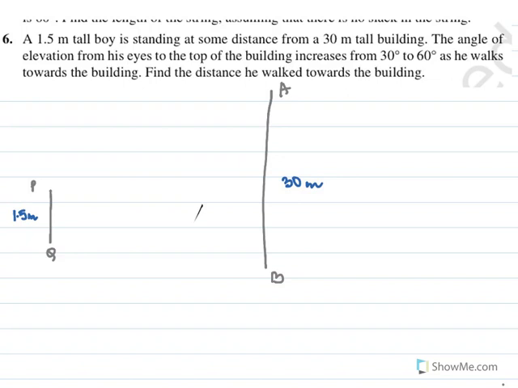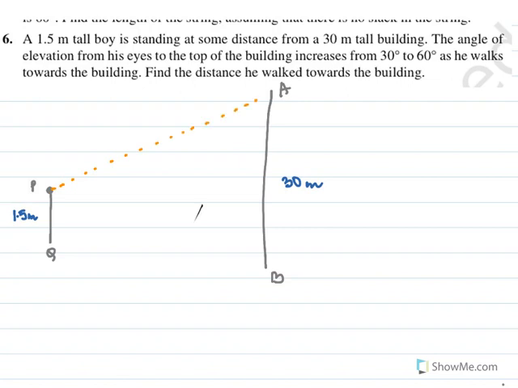So we've drawn this. The angle of elevation from his eyes to the top of the building. Now let's draw the angle of elevation from his eye. Where is the eye of this boy? It will be at P, at the top of his body. From here he's looking up at the top of the building.